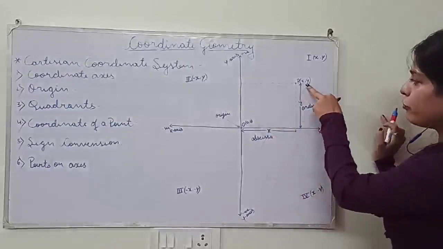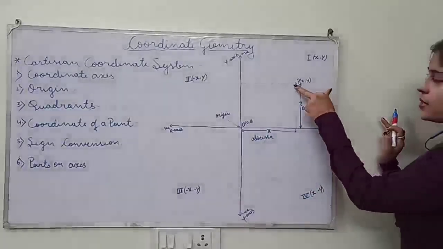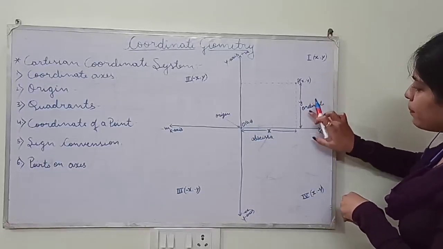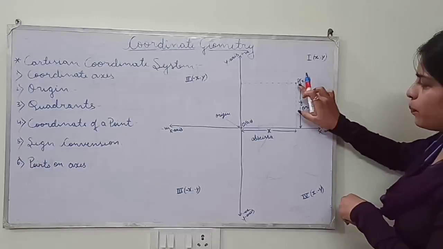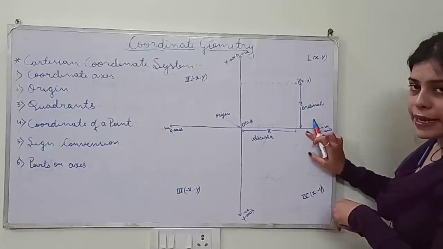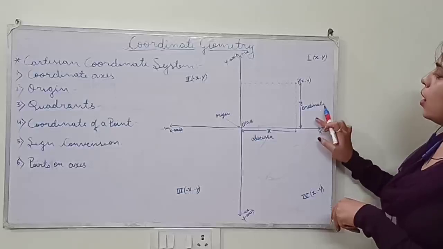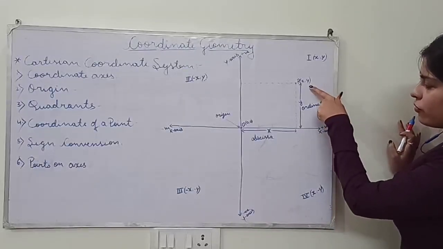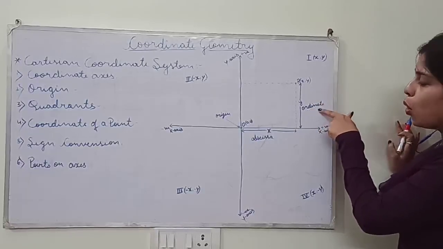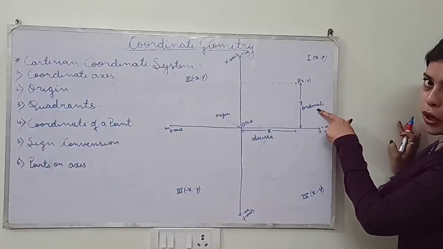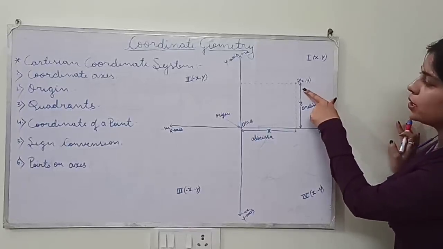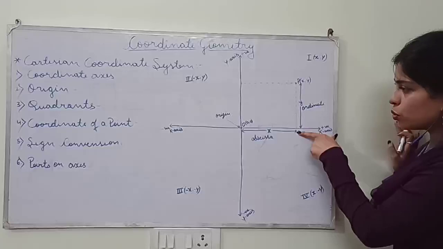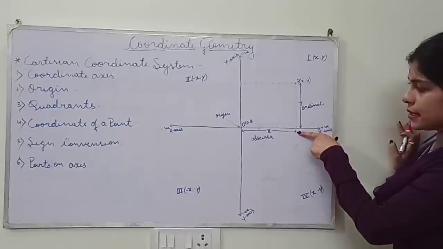The y coordinate of the point P is the perpendicular distance of the point from the x-axis. Another name for the y coordinate is ordinate. The ordinate of any point is the perpendicular distance of the point from the x-axis.